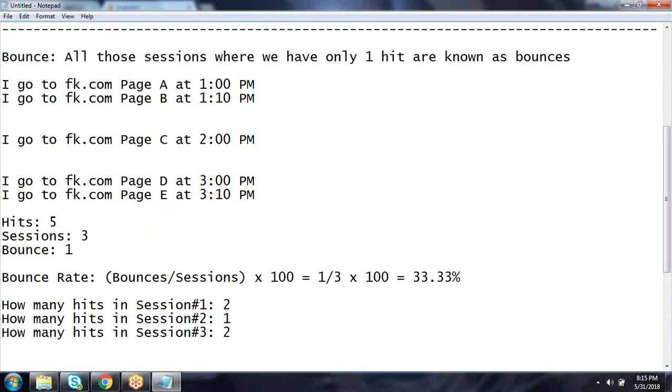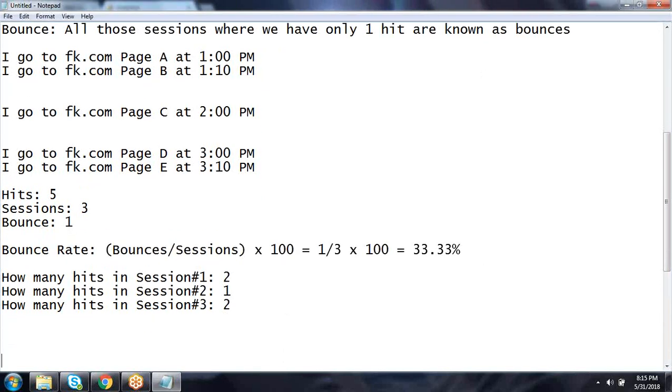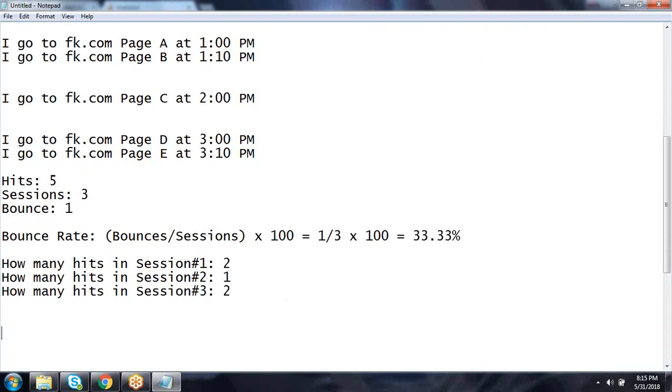How many sessions with only one hit do you see? So, one session, right? So, hence one bounce. And bounce rate is nothing but bounces divided by sessions into 100. So, which means 1 divided by 3 into 100, which is equal to 33.33. Make sense to you? Super.